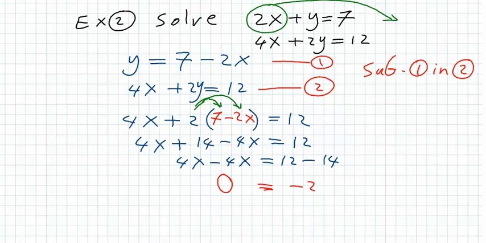And this is not correct because 0 is not equal to minus 2. The conclusion here is that we have no solution. And the conclusion also is that these two lines are parallel lines.